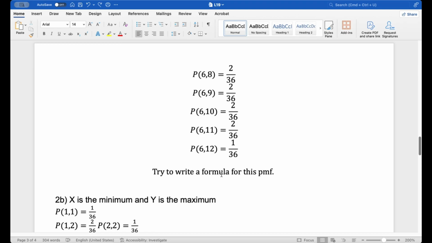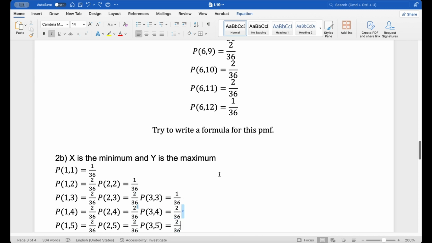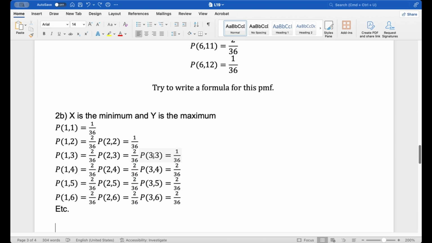If the max and min are the same, it had to be a double. So the probability of (2, 2) is 1 out of 36. Same thing with (3, 3). If the max and min are the same, it means the rolls were the same. So all those values where X and Y are the same, it's 1 out of 36. I didn't fill in everything here, but we do have a summary chart coming.